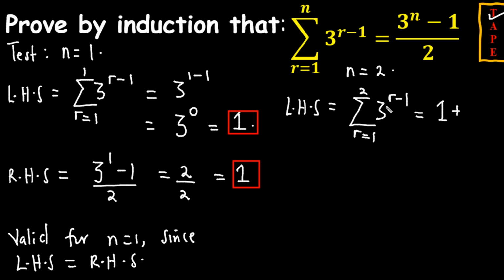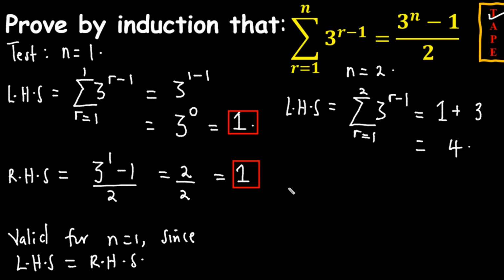Then plus, for r equals 2, we have 2 minus 1, that is 1, and 3 to the power 1 is 3. So this is equal to 1 plus 3, the result is 4.